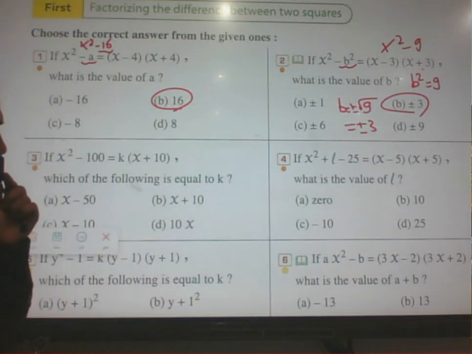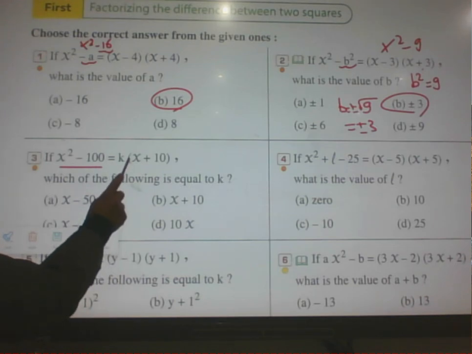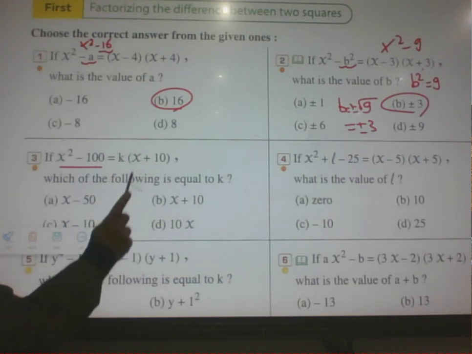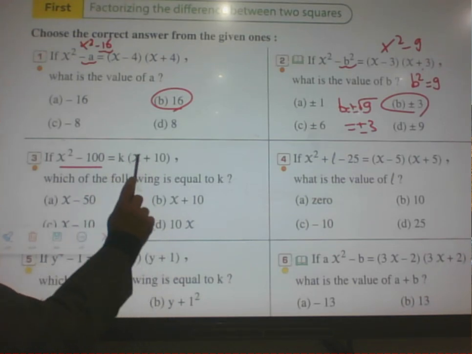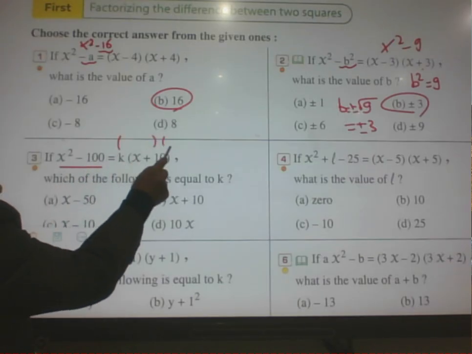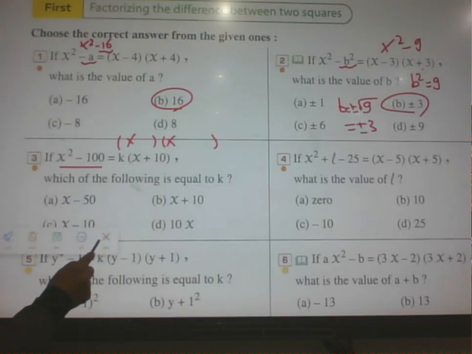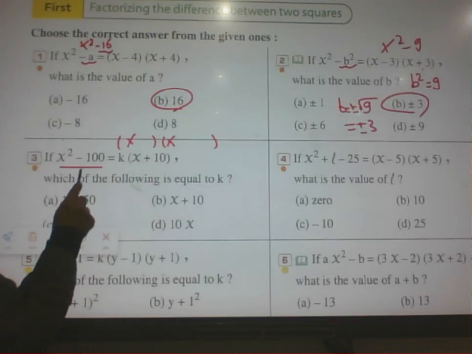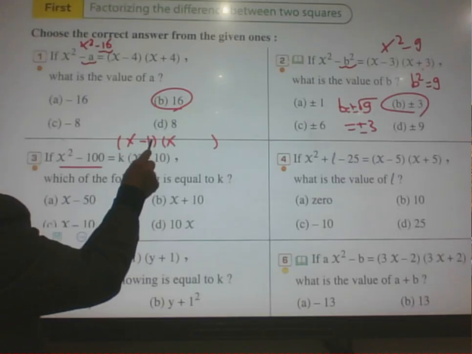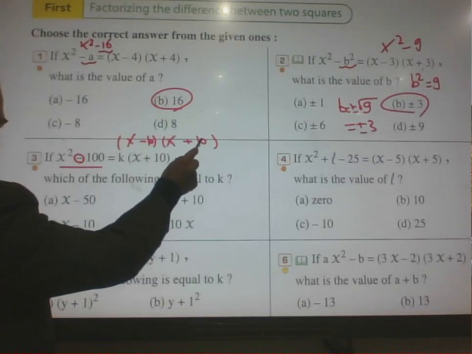Understood? Next question. If x power 2 subtract 100 equals k product x plus 10, what is the value of k? Look here, we can factorize the expression into two factors. The first, x power 2 equals x times x, and 100 equals 10 times 10, with the sign negative, a negative times a positive.